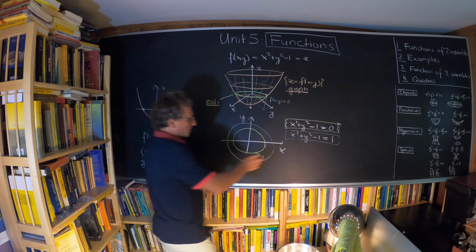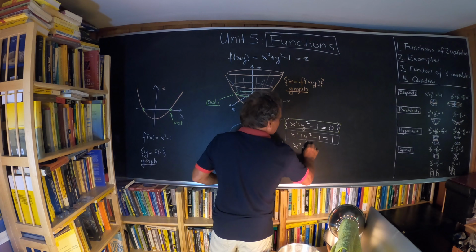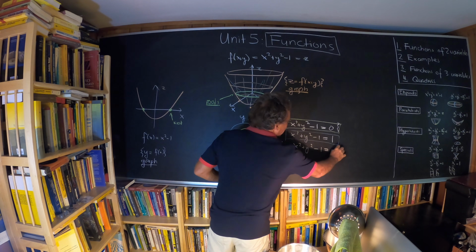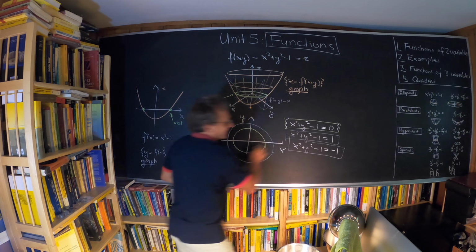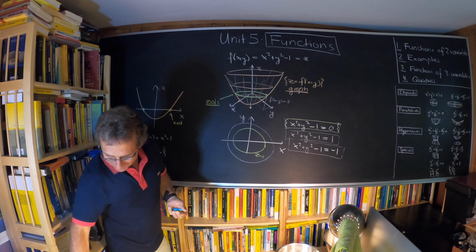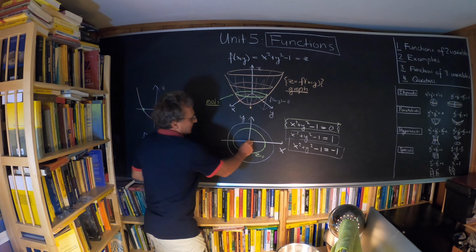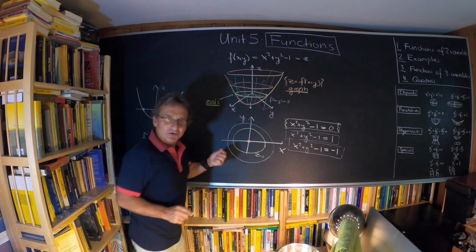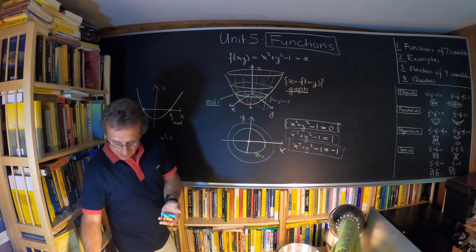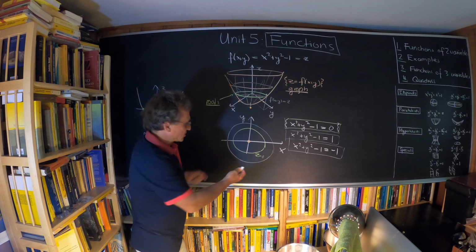And what happens when x squared plus y squared minus 1 is equal to minus 1? That's an interesting case, right? When x squared plus y squared is equal to 0, then we are here. So sometimes these contours are just points, or they can also be empty.